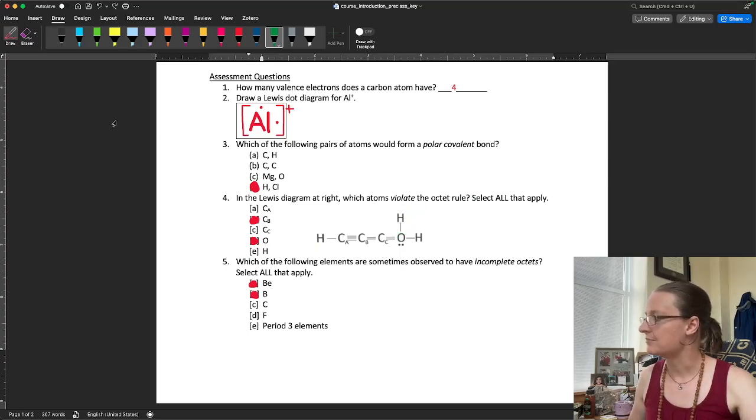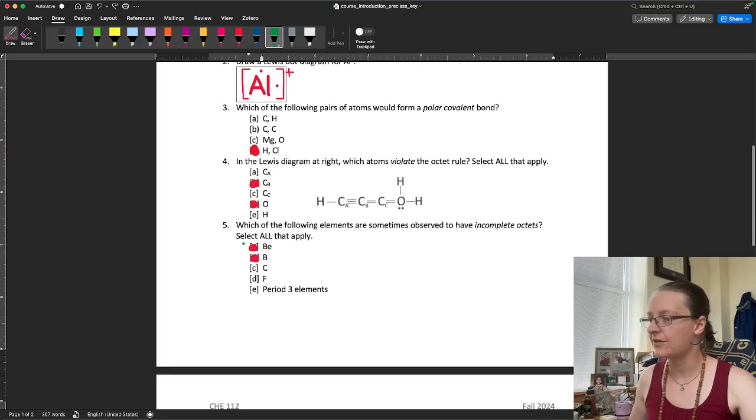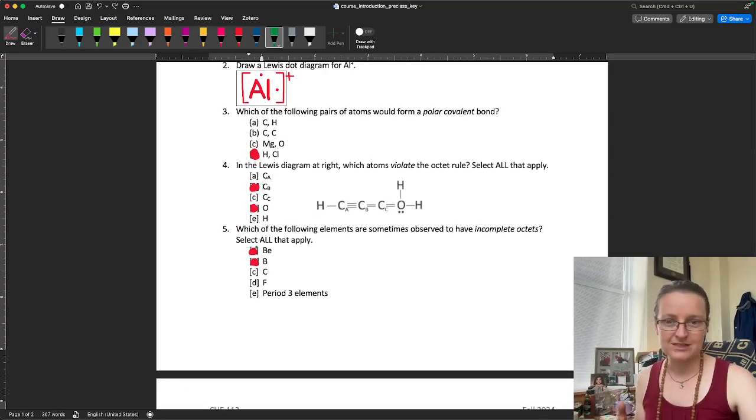All right, moving right along to question number 5. Now we want to think about some situations in which atoms actually do violate the octet rule. The terminology that's used here is incomplete octet, which means atoms that are going to be okay having less than 8 electrons. This is sort of a definitional question.